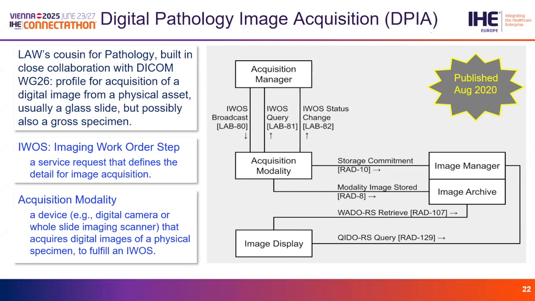That's the RAD 10 and the RAD 8. There are also existing radiology transactions for display of an image that's been stored in the PACS system, and that's the RAD 107 and RAD 129 transactions. So this is ready for vendors to test. Next slide.